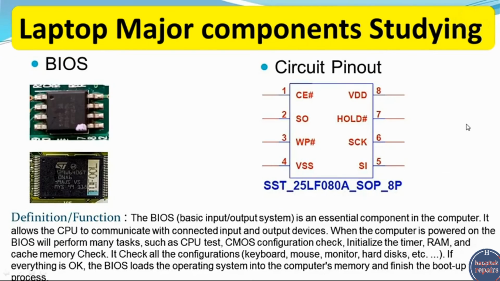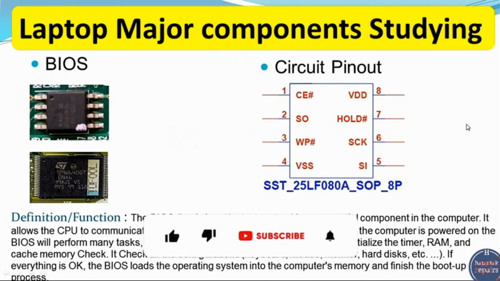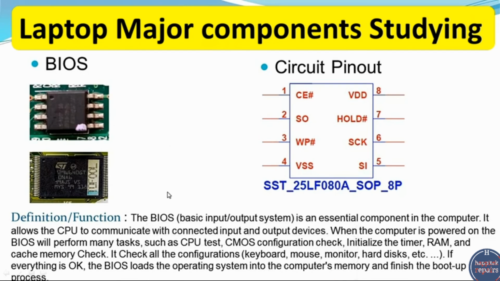So the last component is the BIOS, or Basic Input Output System. Here we have the BIOS pin configuration. This is the schematic for the 8-pin BIOS. In the first pin we have the chip select.